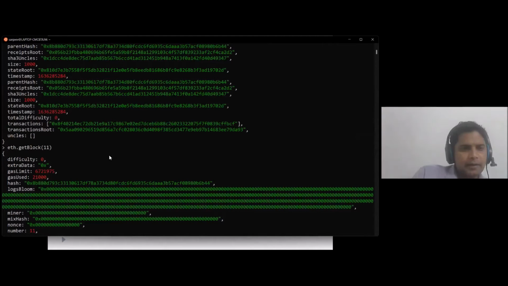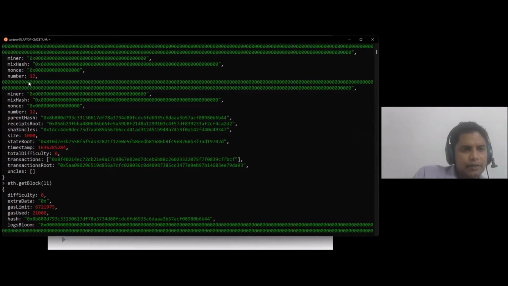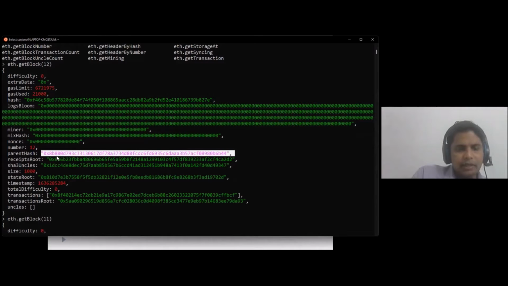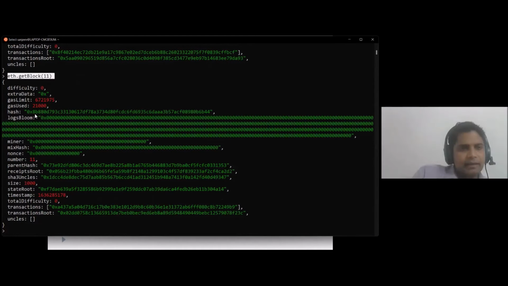Essentially, this 8B88. So if you see the parent hash of block number 12, this is block number 12, and its parent hash is 0x8B88. If I look at that, it is the block hash of block number 11. So if I look at block number 11, its block hash is 8B88.